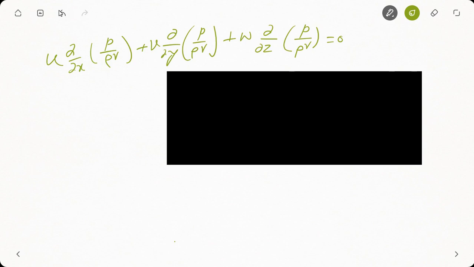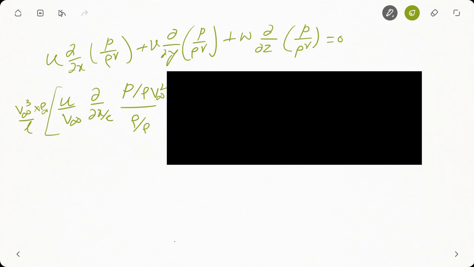Now this has to be changed and non-dimensionalized, so let me start. u will be non-dimensionalized by putting v infinity here, so we multiply by 1 over v infinity here, and then dou upon dou x by L, so divided by L. p upon rho v infinity square, so we have a cube here, into rho infinity by rho, upon rho infinity to the power gamma.